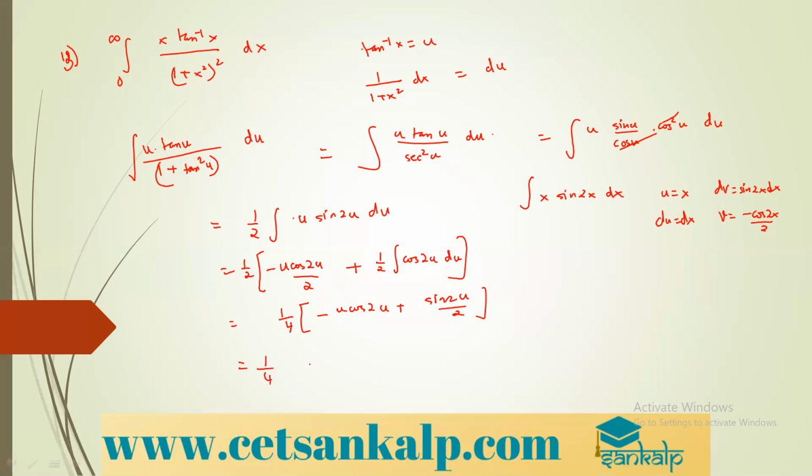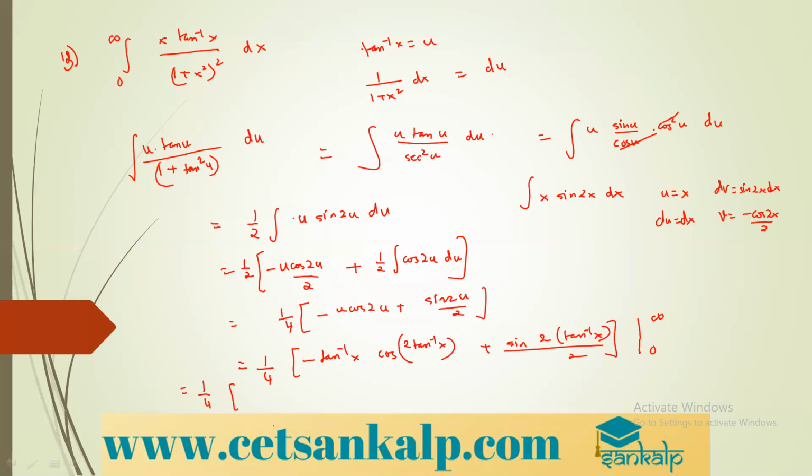So I can put u back as tan inverse x. And what will be cos 2u? I will write minus tan inverse x cos 2 tan inverse x plus sine 2 tan inverse x by 2. The boundaries are 0 to infinity. So first when I put infinity, it will be pi by 2.